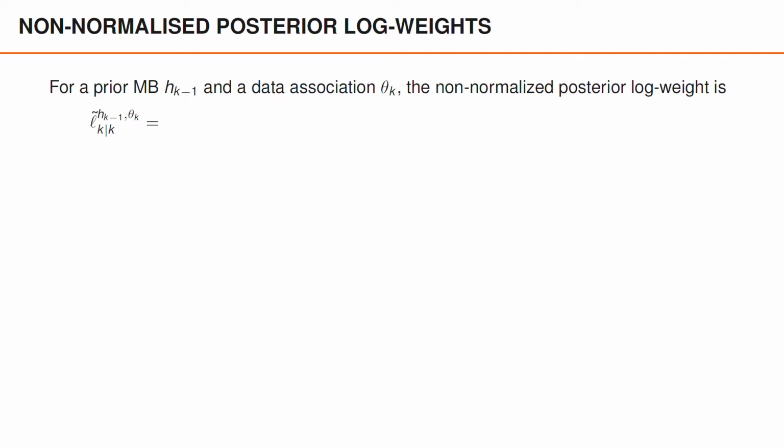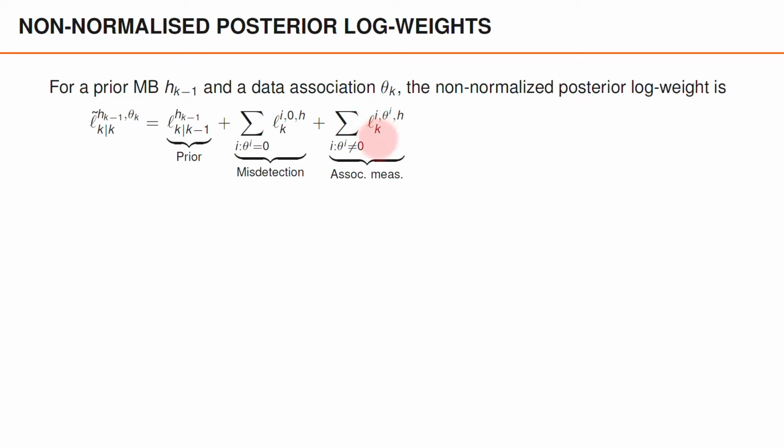For a prior multi-Bernoulli H and a data association theta, the non-normalized posterior log weight, L tilde, is the sum of the prior log weight, the sum of predicted log likelihoods for Bernoullis that were not associated to any measurements, in other words, misdetections, the sum of predicted log likelihoods for the Bernoullis that were associated to measurements, and lastly, the sum of the log of the clutter intensities for the measurements that were not associated to any Bernoulli.